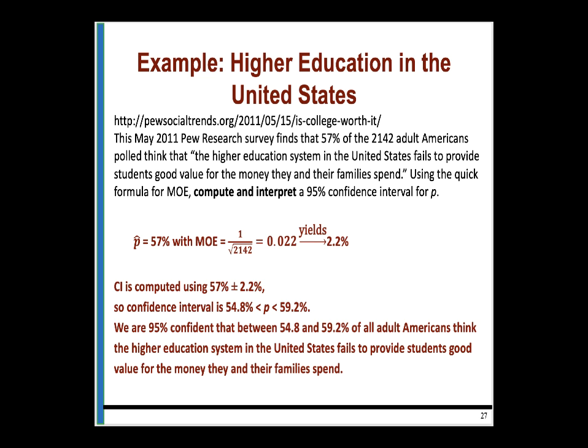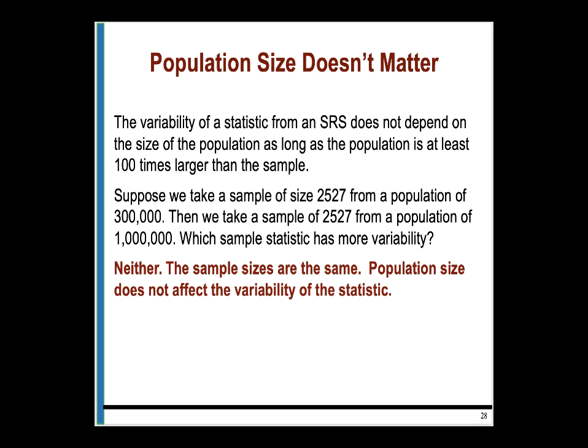Now, the variability of a statistic from a simple random sample does not depend on the size of the population, as long as the population is at least 100 times larger than the sample. So if you were to take a sample of 2,527 from a population of 300,000, and then we take a sample of 2,527 from a population of 1 million, which sample statistic would have more variability?